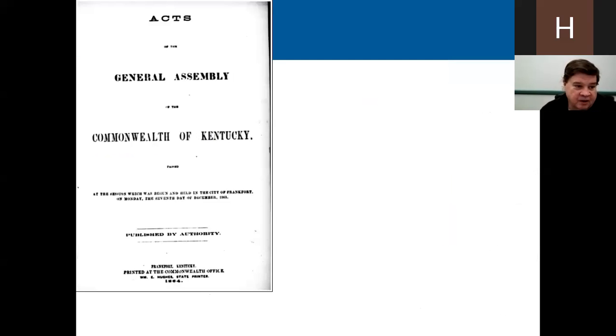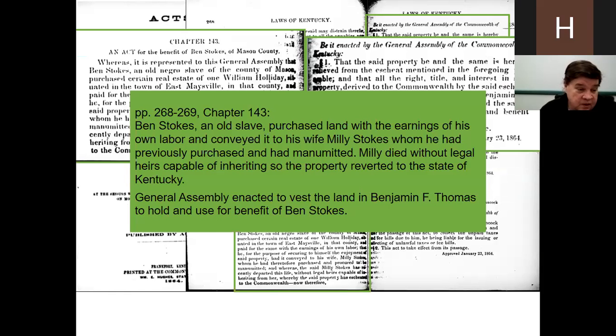It's in the General Assembly of the Commonwealth of Kentucky. And on these pages, and it splits the two pages, so we get all this. Well, we're not going to read through this whole thing. Let me just distill it. So Ben Stokes was an old slave.